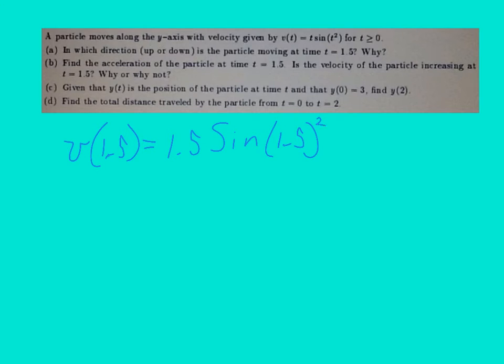Now you can do this on your calculator, or you could enter the formula here into my calculator. So in fact, I'm going to go into my calculator and I'm going to put in x sine x squared just into my graphing calculator and graph it.